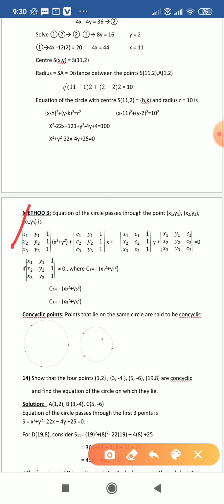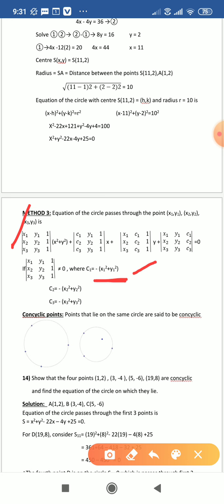Put here. First of all, you find C1, C2, C3. What is meant by C1? Here C1 is nothing but minus of (x1 square plus y1 square). Squaring the coordinates of the first point and adding, put minus, change the sign. That is C1. Similarly, C2 is minus of (x2 square plus y2 square). C3 is minus of (x3 square plus y3 square). First you find these three values C1, C2, C3.